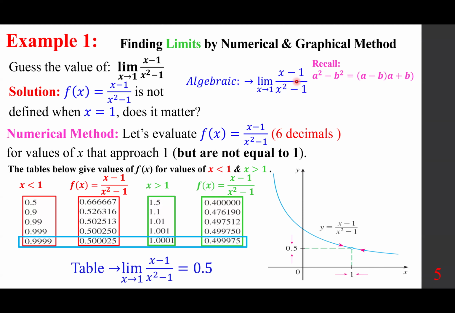So this is (x minus 1)(x plus 1). That's the meaning of it. The common factor of x minus 1 is dropped. And if you plug in 1, now you get 1/2, of course, the same as 0.5.